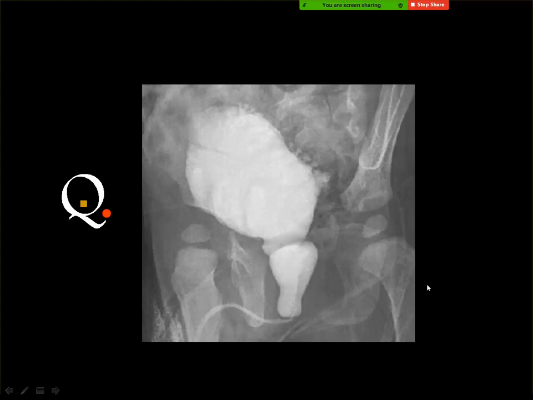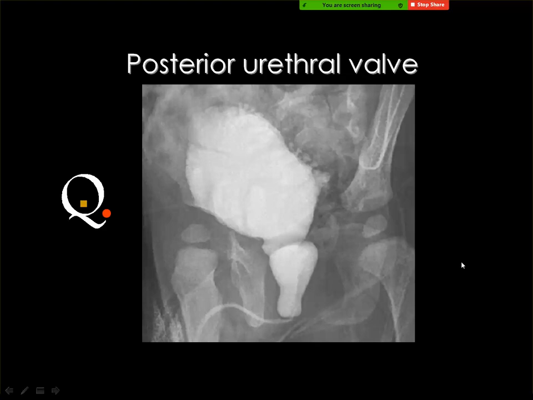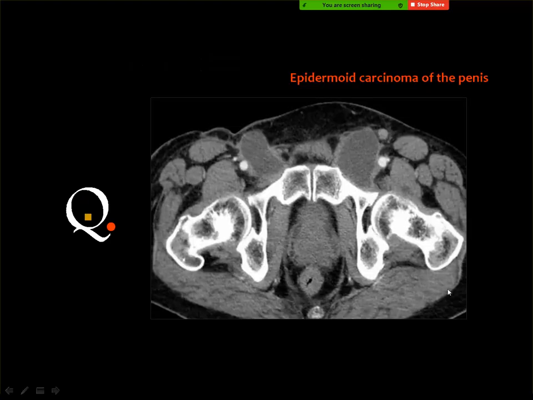And this means that the posterior urethral valve is responsible for all these manifestations. Okay.